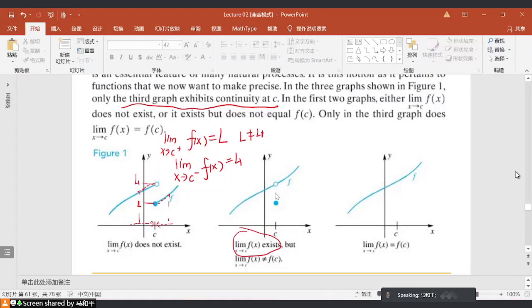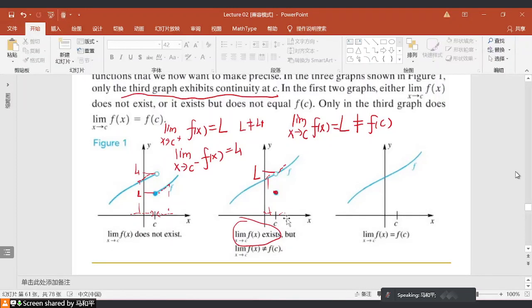The limit as x approaches C of f(x) approaches this one, A. It's not equal to f(C) here. This is f(C). They are not equal, right? So this means it goes on with an abrupt change.